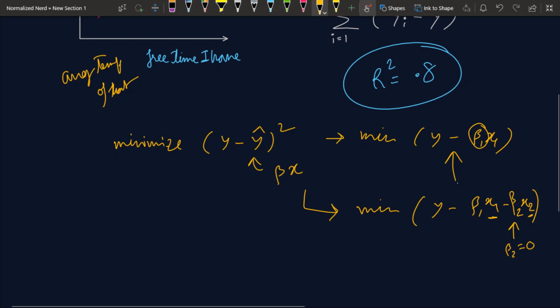What can happen in case 2? Well, in case 2, the model will find some value of beta 2, which basically means that our model has found some relation with x2 and y. In reality, we know that there is absolutely no relation, but we can even find pattern in randomness, right?